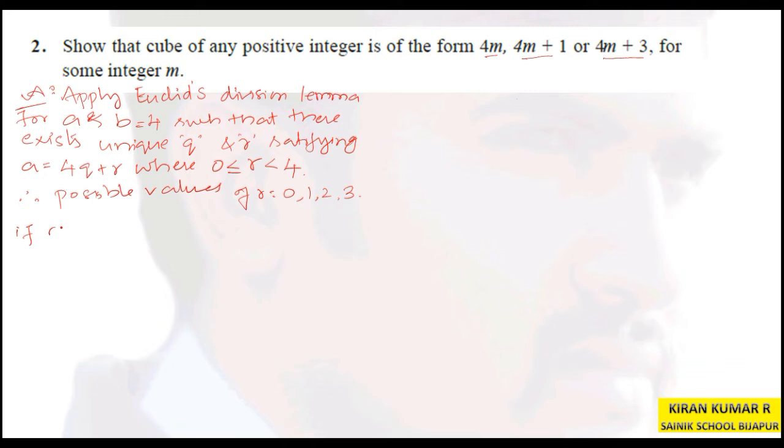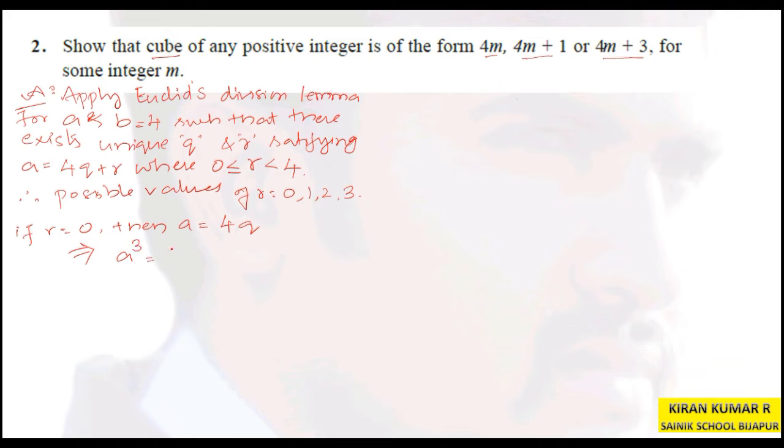If the value of r is 0, then a becomes 4q. In the question they have asked cube of any positive integer, so we need to cube on both the sides.